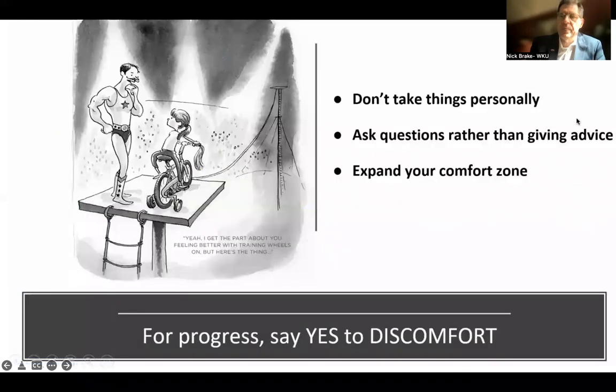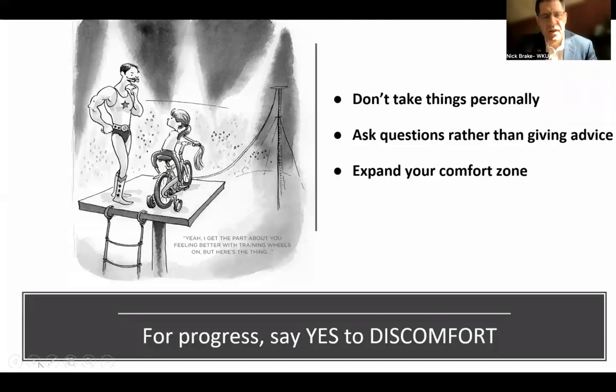And finally, understanding how important it is as a leader to be comfortable with discomfort. You can see again one of the Kansas Leadership Center's famous cartoons. In this particular situation, this person felt comfortable with training wheels.